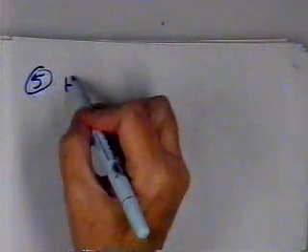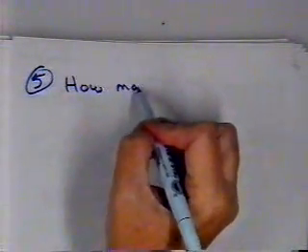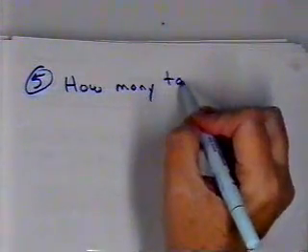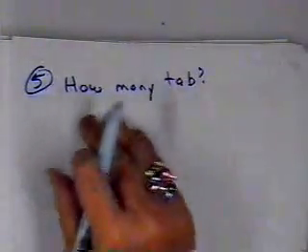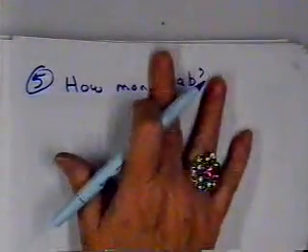Okay, number 5. Number 5 says to prepare 1,000 milliliters of a 1-to-1,000 solution from tablets of 7.5 grain. How many tablets are needed? The tablet problems, whenever they ask how many tablets, we ignore that.